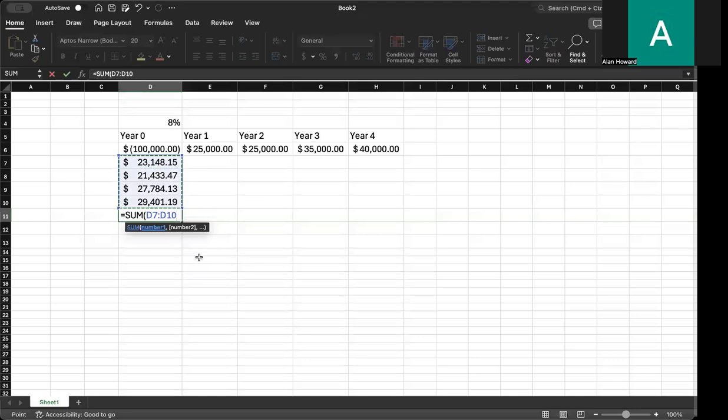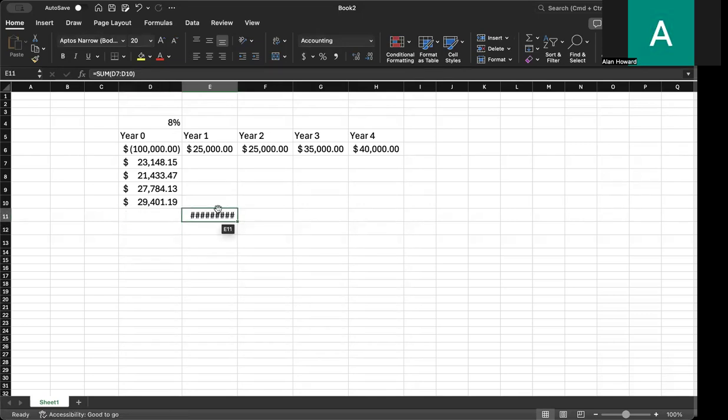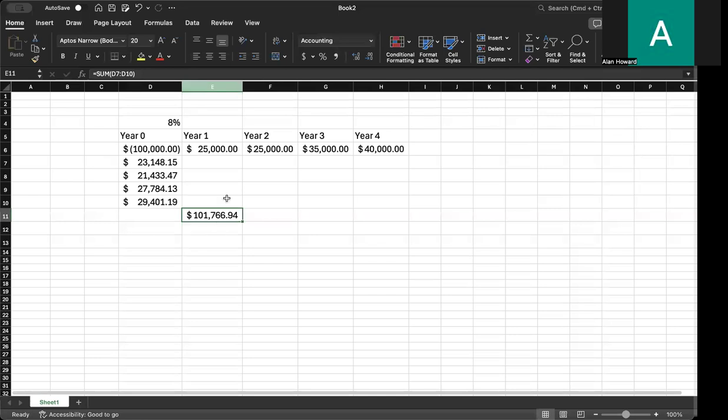If you're working by hand, just put them into your calculator and sum them up real quick, and we get a present value of the cash flows of $101,766. So this is the present value of our cash flows. This is not our net present value.